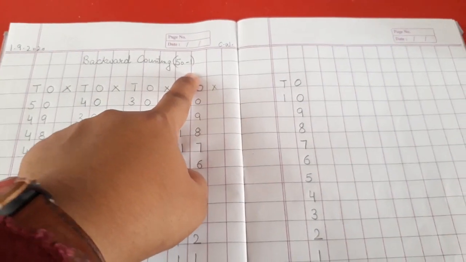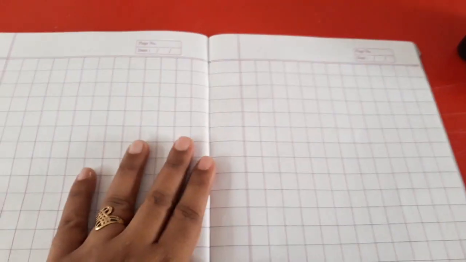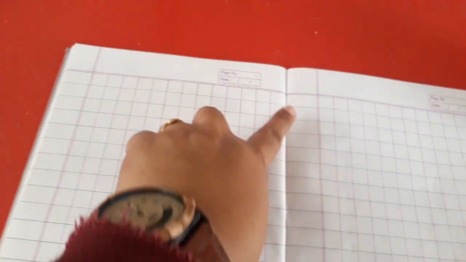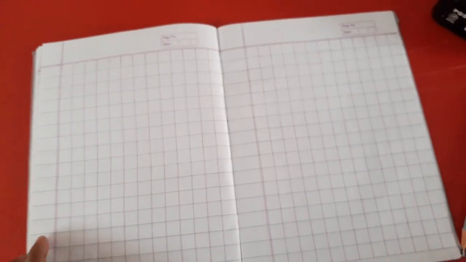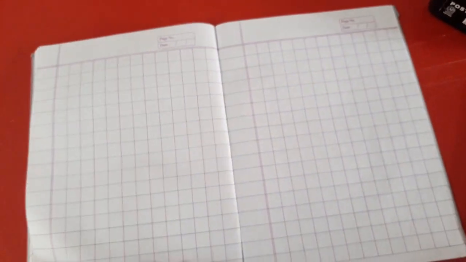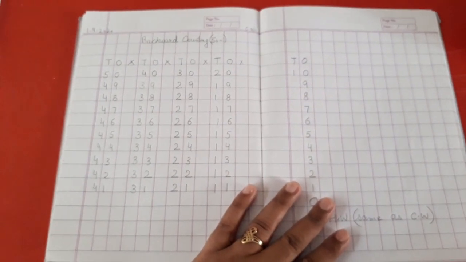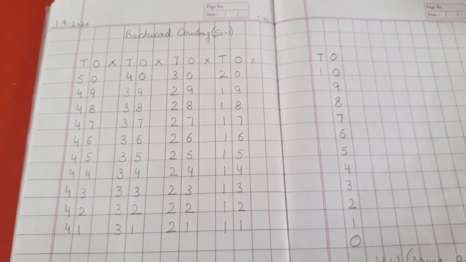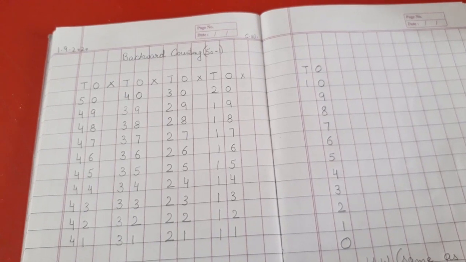You are going to practice writing backward counting once more as homework on the next page. Here again you will write the date and this time you are going to write HW. Clear? So you will write HW here and start writing your backward counting as homework. But before that, first complete your classwork. Clear all?